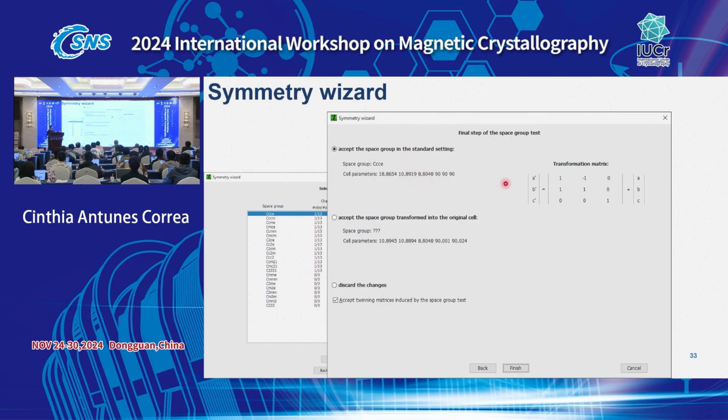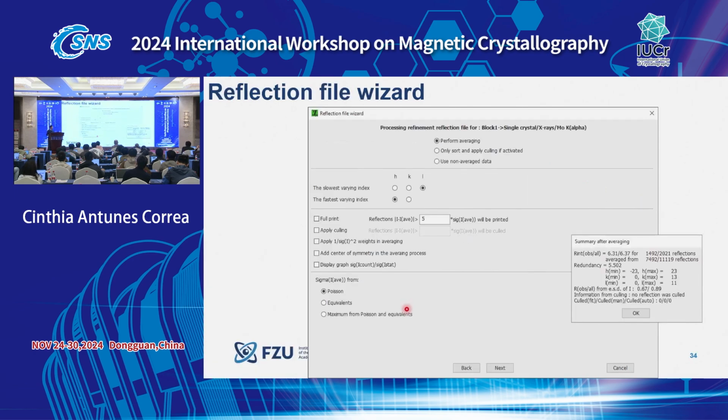JANA shows you here the transformation matrix. Also, if you believe you have twins generated by symmetry, there is an option slightly before that where you can include a twin in your data, and then JANA can create and save these twin matrices for the space group test as well.